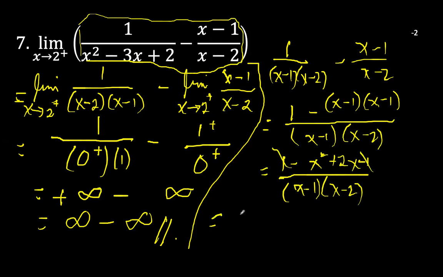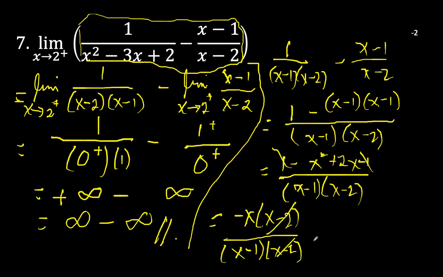We have, I can cancel this out. So this becomes, I can factor out negative x. So negative x times x minus 2 over, okay, wait a minute, x minus 1 times x minus 2. Okay, I can cancel out x minus 2 here, and this becomes negative x over x minus 1.